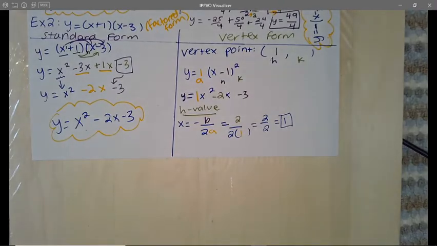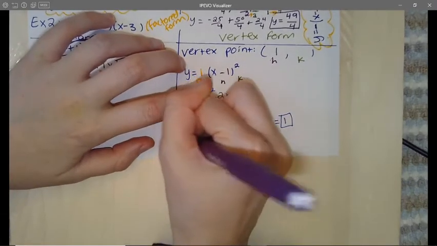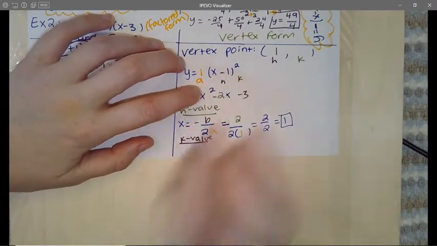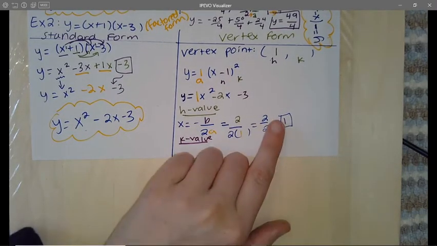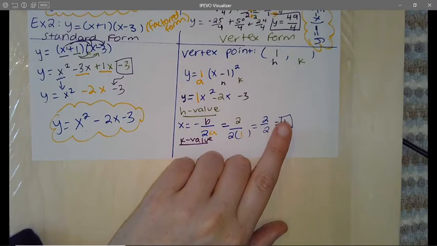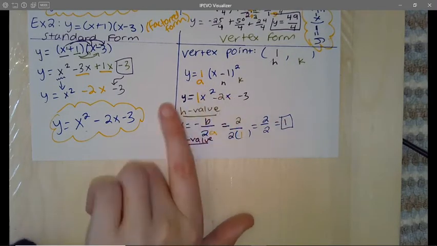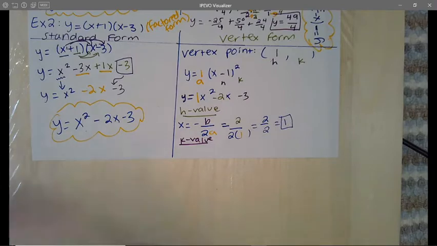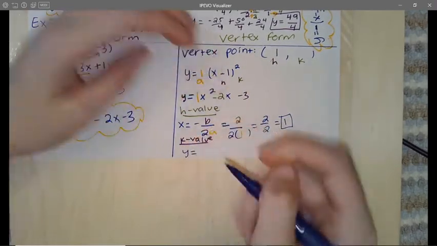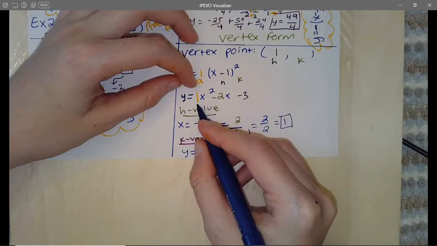Okay, and then lastly, how do we find the k value when we're in standard form? Well, since I found the h value, which is the x in my equation, if I substitute 1 in for x, I'll know the y value, which is going to be my k value. So let's find y, which will be our k. Okay, so y equals 1 times x squared.